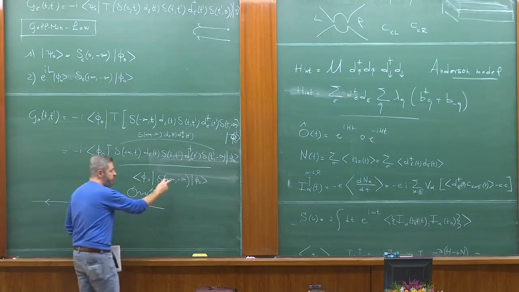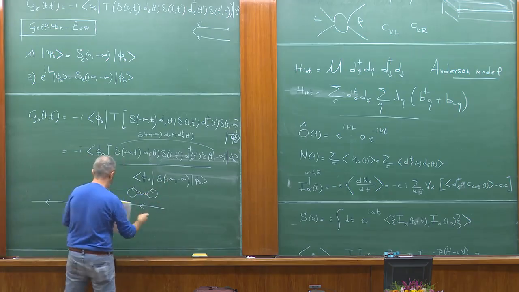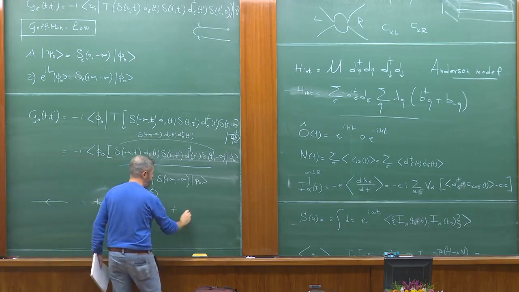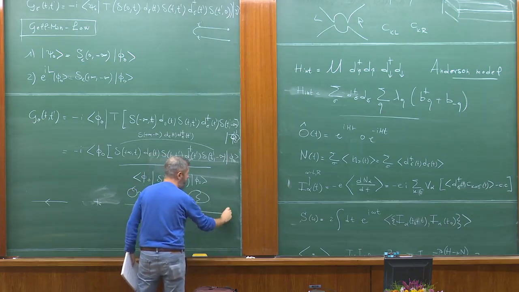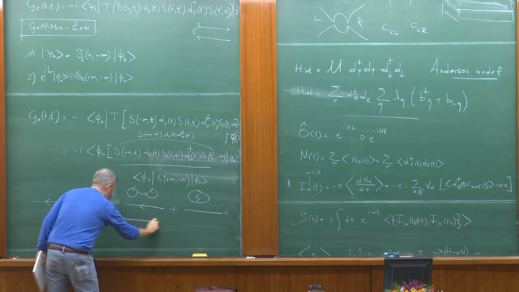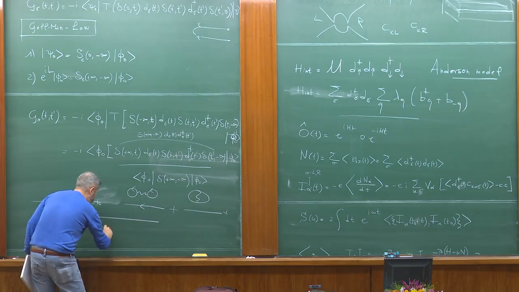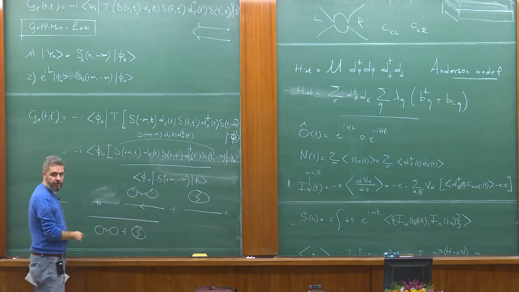Why? Because of this normalization. This normalization is telling me that all these diagrams, the bubbles, and this one, and everything that is a disconnected diagram, is eventually normalized. The sum of all these is eventually normalized by what stands in the denominator, right?